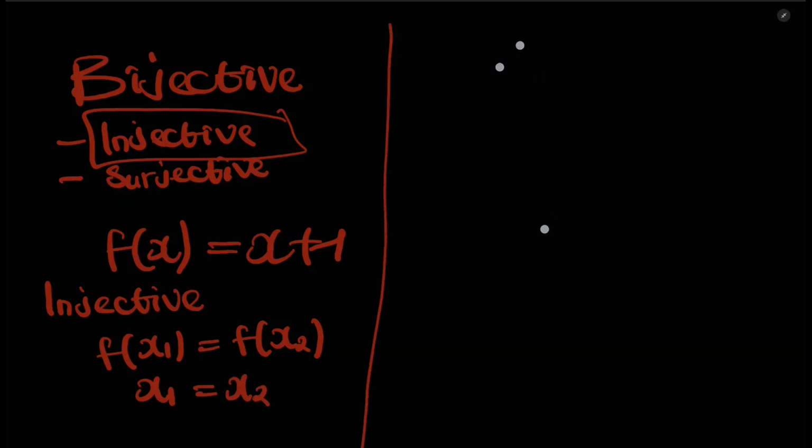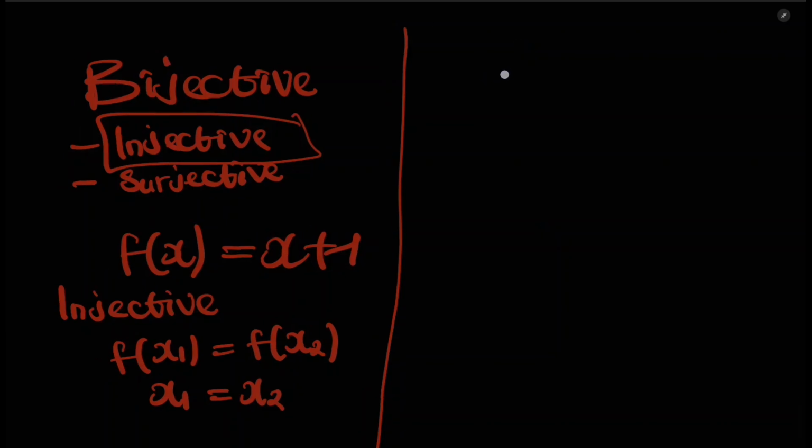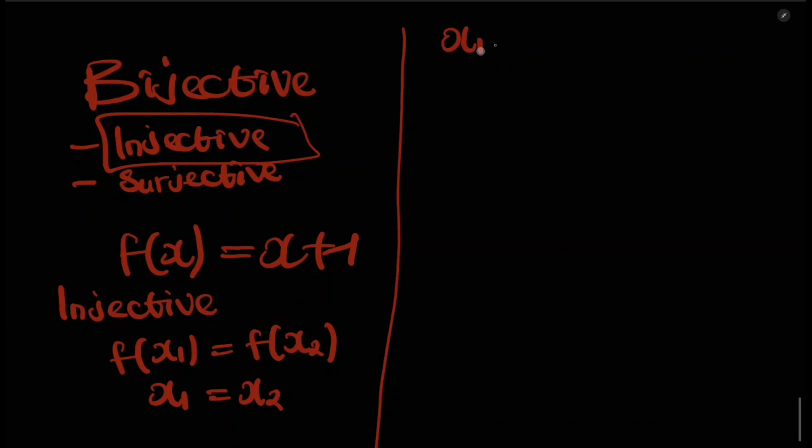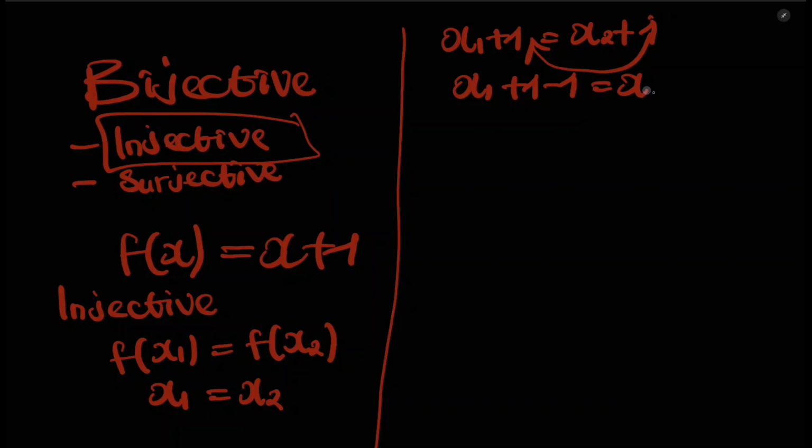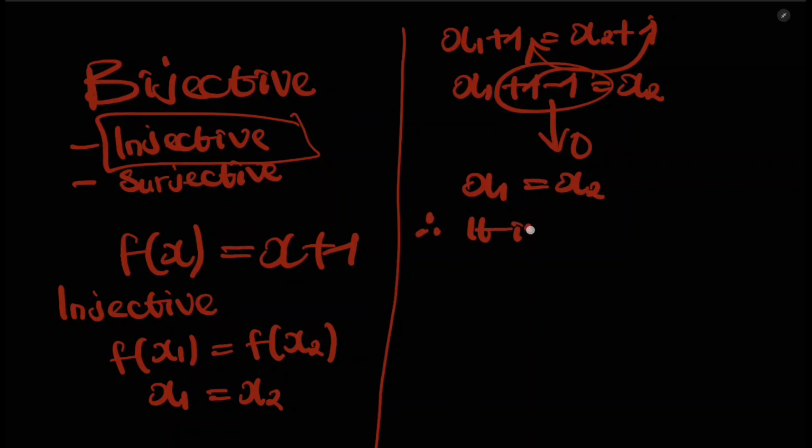So now from here we're going to substitute it into the equation. So we're going to have x1 plus 1 equal to x2 plus 1. So taking this one this way, we're going to have x1 plus 1 minus 1 equal to x2, and this equates to 0. So we're going to have x1 equal to x2. So here we can say that it is injective.